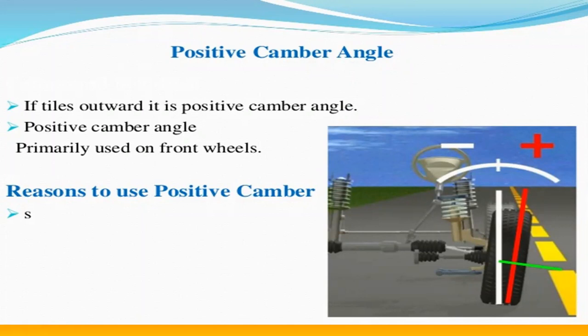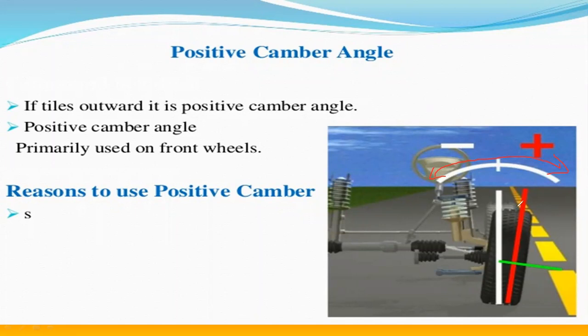First one, positive camber angle. In the positive camber angle, if the tire tilts outward, it is positive camber angle. You can see the direction of the wheel. The wheel is inclined toward the positive side of the vehicle.